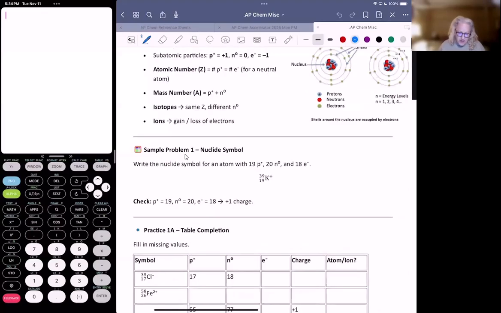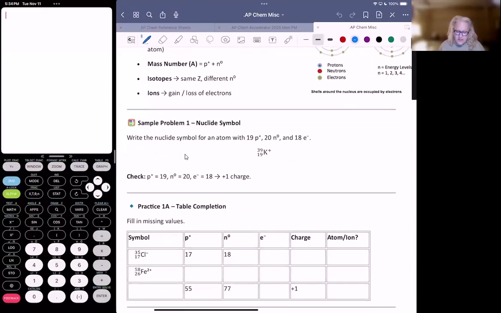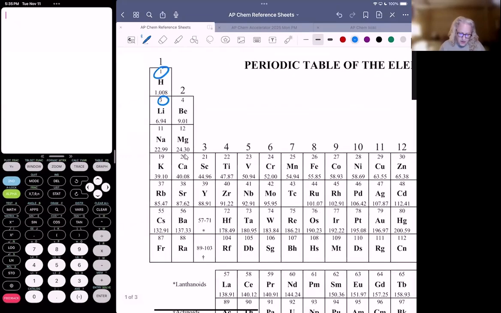So let me do this sample problem for you. Write the nuclide symbol for an atom that has 19 protons, 20 neutrons, and 18 electrons. Remember, in a nuclide symbol, you're going to put the shorthand notation, the symbol for the atom. If we have 19 protons, we're looking for an element with 19 protons, that's potassium.